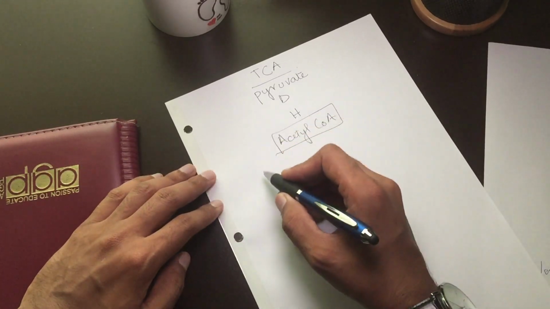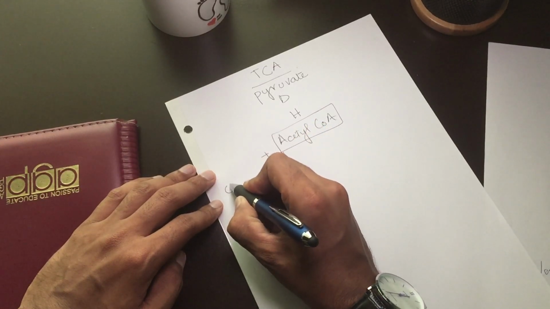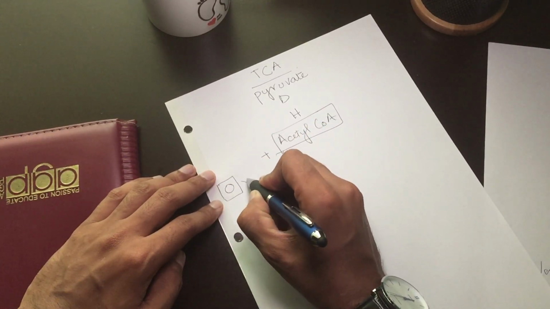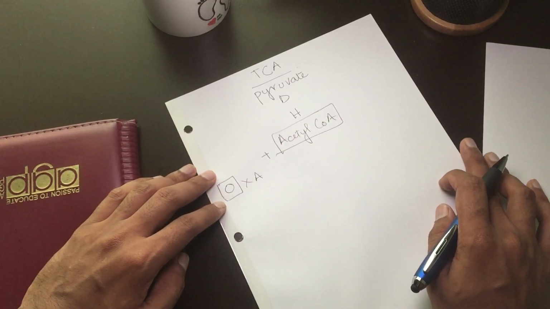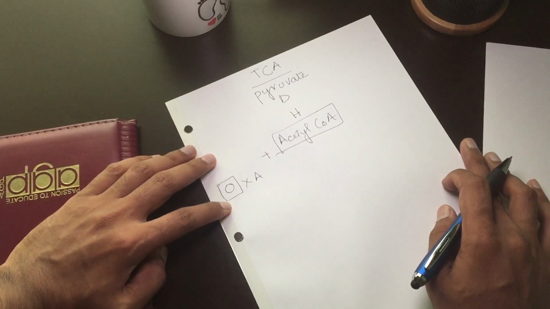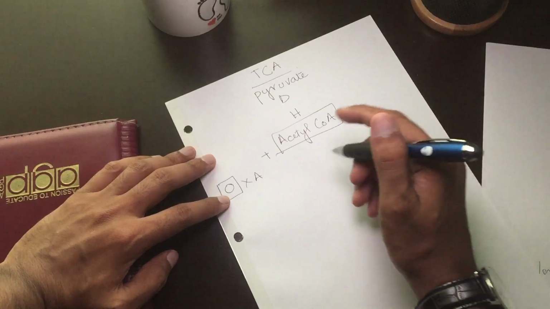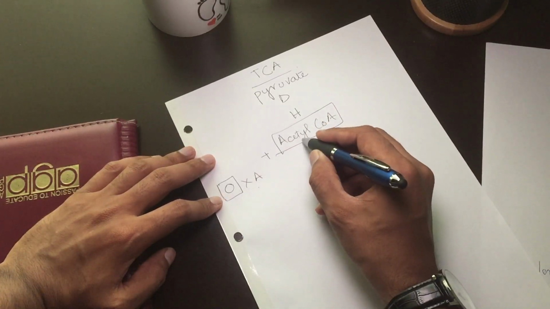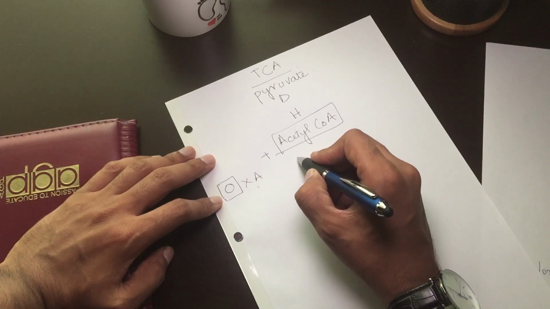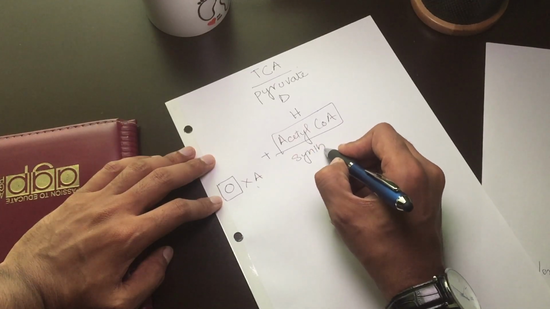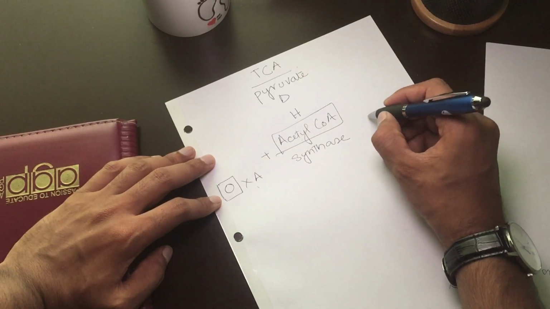This acetyl CoA reacts with oxaloacetate, with the citrate synthase enzyme, to make citrate.